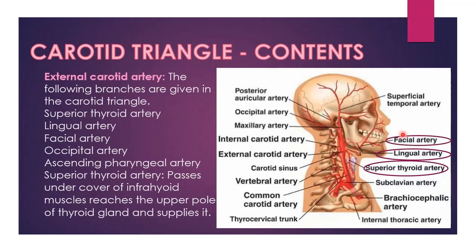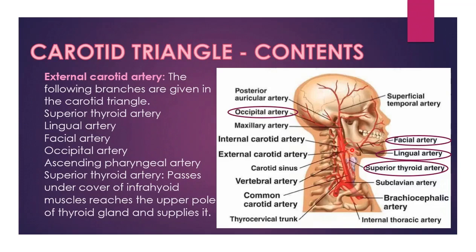Then it gives one medial branch, the ascending pharyngeal artery. Then it gives 2 posterior branches, the occipital artery and the posterior auricular artery. So mainly facial, lingual, superior thyroid and occipital artery, and the medial branch is the ascending pharyngeal artery.